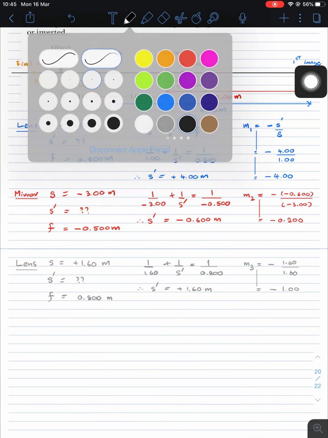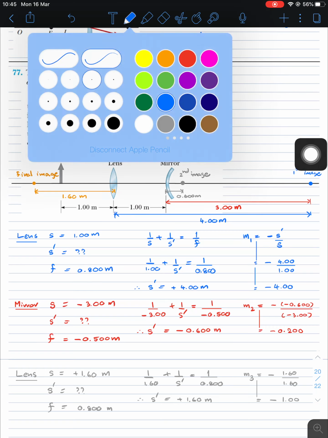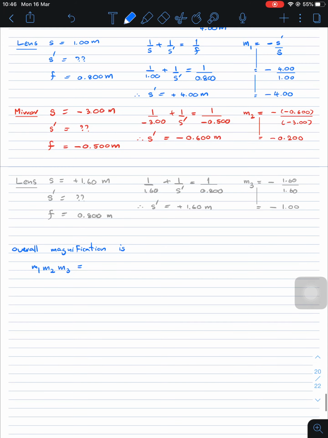Now for part B, we want to determine the overall magnification of the image and identify whether the image is upright or inverted. Let's say that the overall magnification is M1 times M2 times M3.